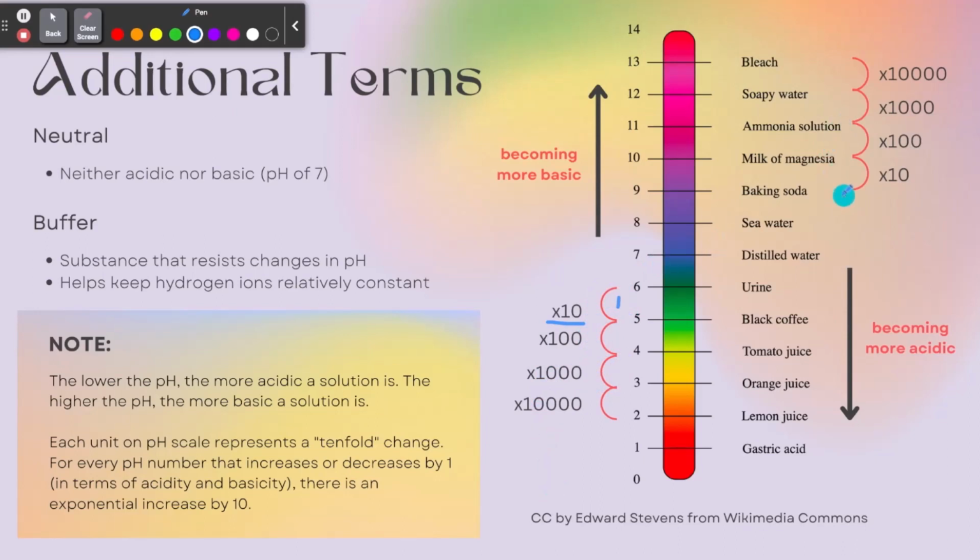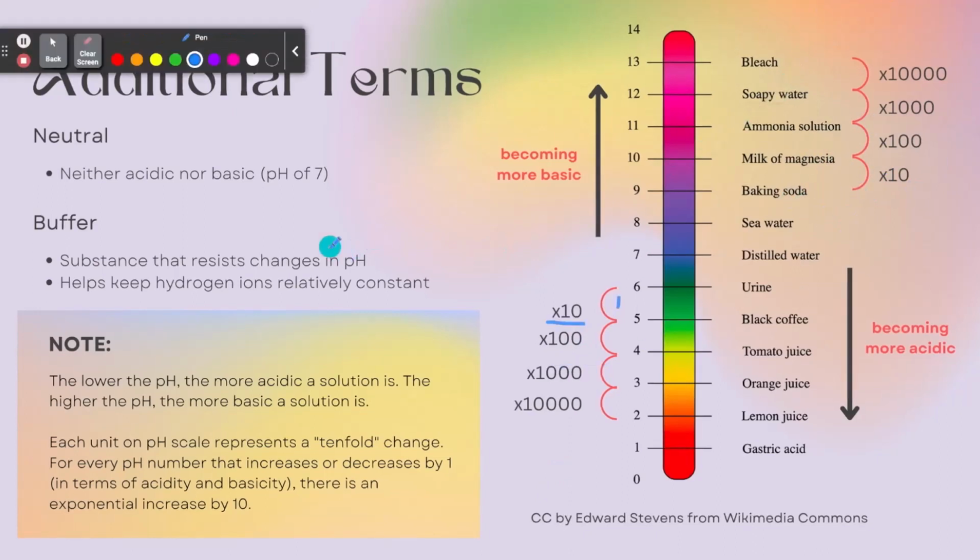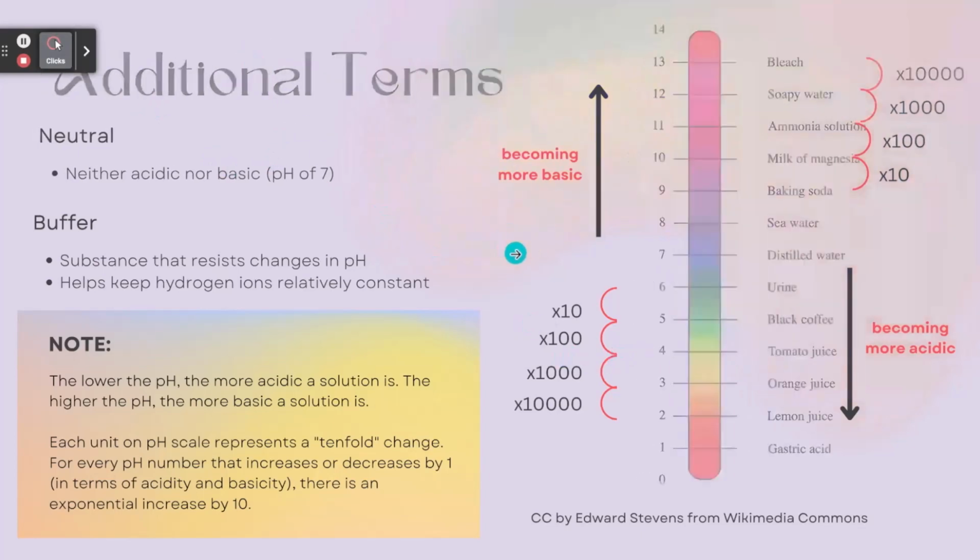And over on the top right, I've also included another example here. This time it is just going upwards. And at the arrows on the sides here, again, the higher the pH number, the more basic something will be. And the lower the pH number, the more acidic something will be. Let's go ahead and take a look at some examples on the next slide.